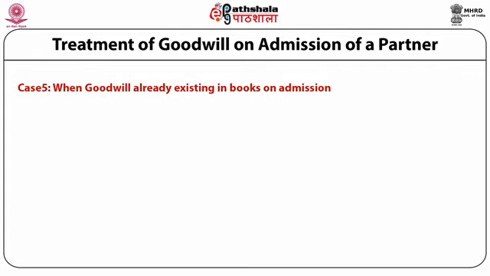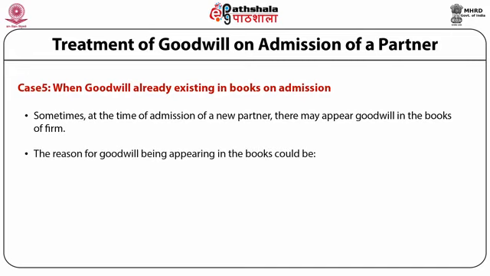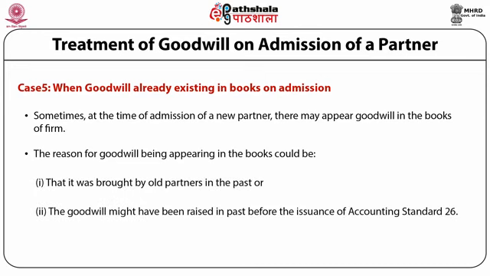Case 5. When goodwill already exists in the books at admission. Sometimes at the time of admission of a new partner, there may appear goodwill in the books of the firm. The reason for goodwill appearing in the books could be that it was brought in by the old partners in the past, or the goodwill might have been raised in the past before the issuing of Accounting Standard 26.